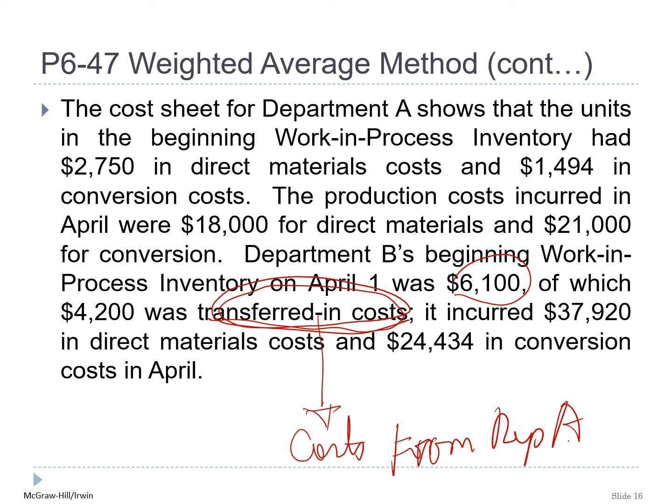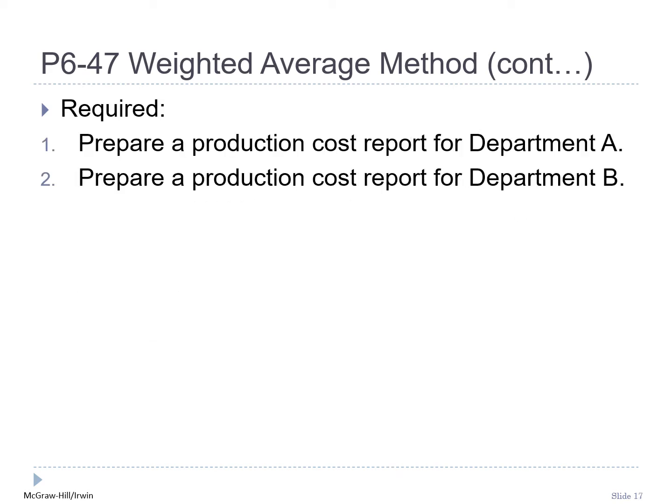So, kaso hindi pa siya 100% complete as to Department B. Kaya nagkaroon ka ng additional cost. Sabi niya, it incurred 37,920 in direct material cost and 24,434 in conversion cost in April.